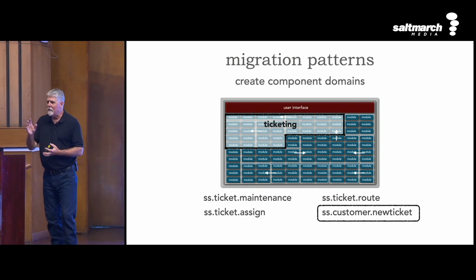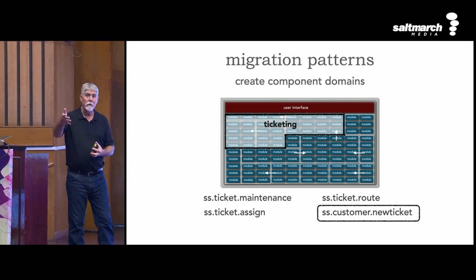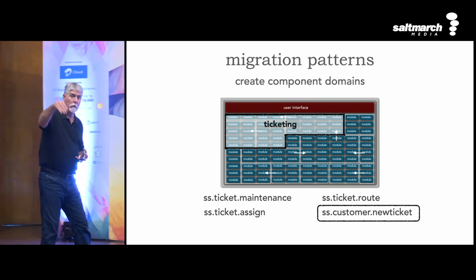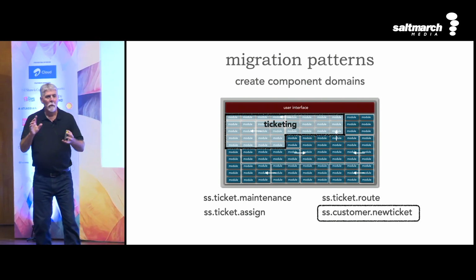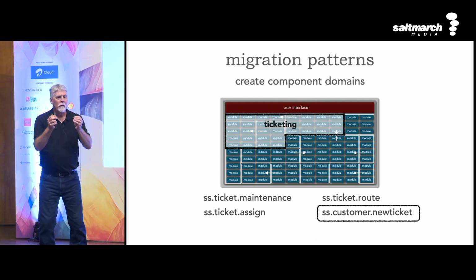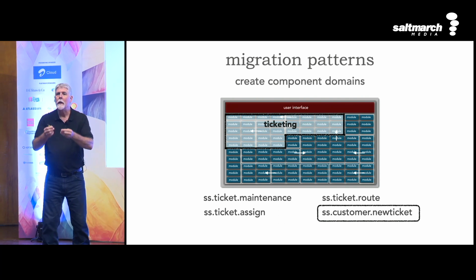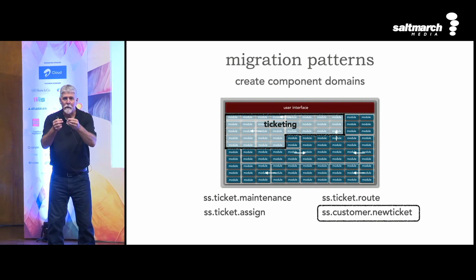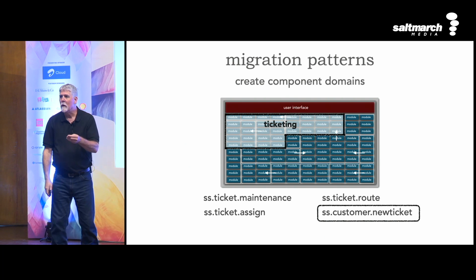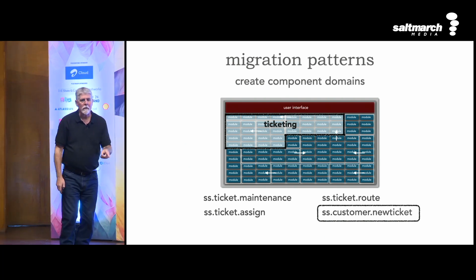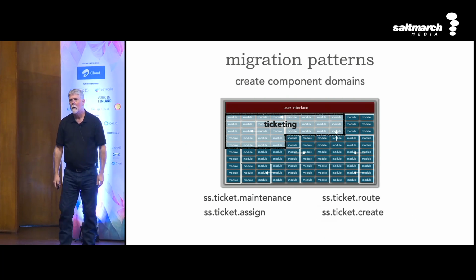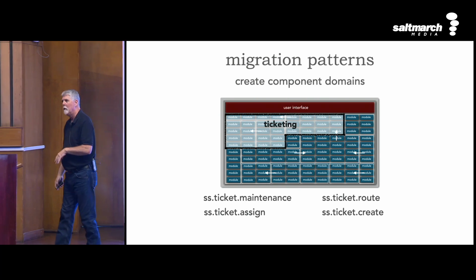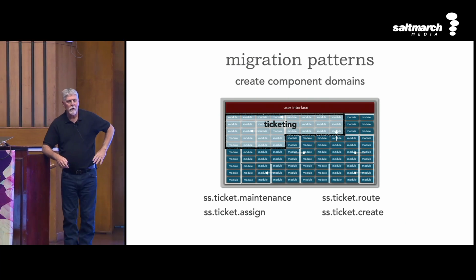You see, when we identify a domain, even through domain-driven design, going backwards, or the right way, what we want to do is delineate, physically manifest that domain through the namespace. Right-click, refactor, rename. Actually, this one's right-click, rename. Yep. There we go, ss.ticket.create.